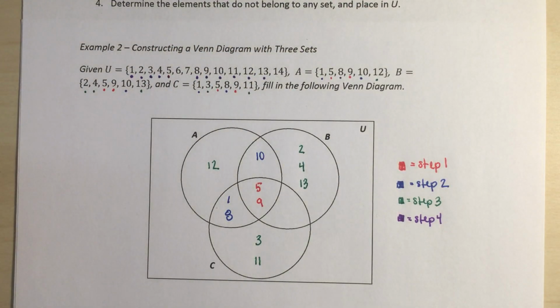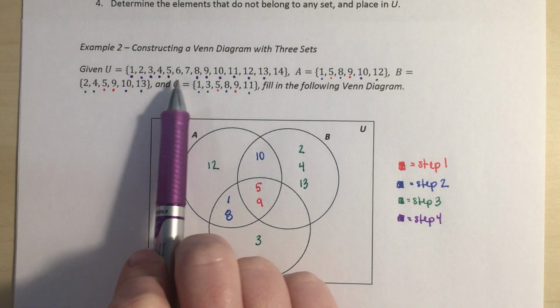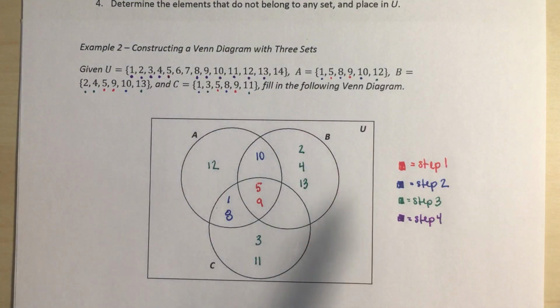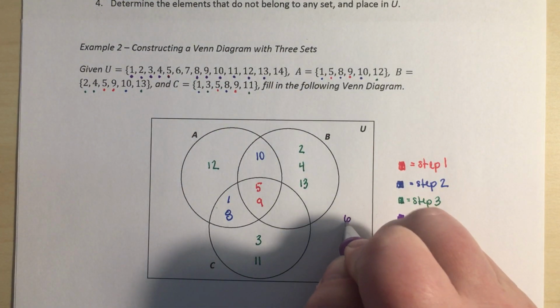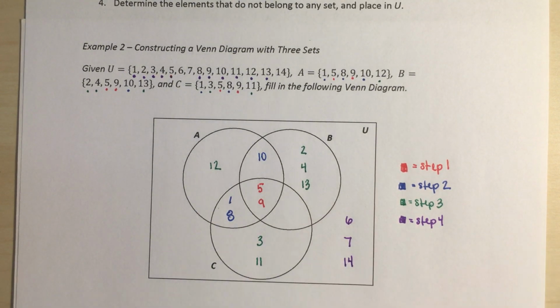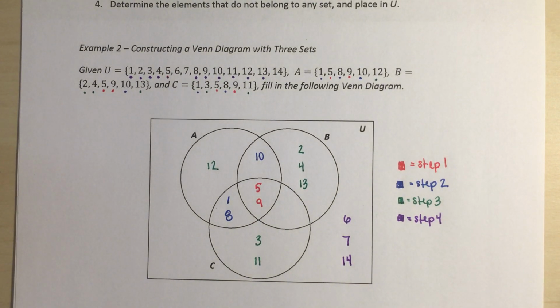So what we have left over that we haven't put into our Venn diagram yet are the numbers 6, 7, and 14. I'm going to put the numbers 6, 7, and 14 outside of my circles. They are in region 8.